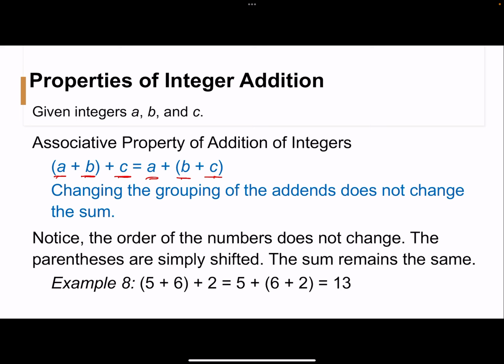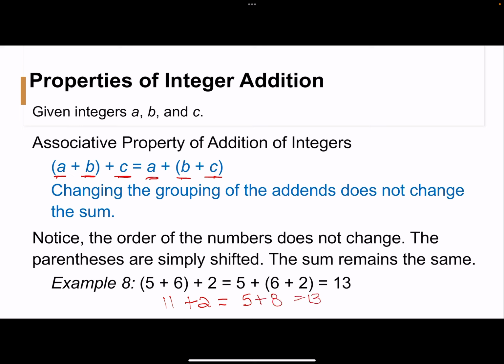If I was trying to rewrite that with the associative property of the addition of integers, I would write the numbers in the same order, 5 plus 6 plus 2, and I would simply shift the parentheses. We see that 11 plus 2 gives me 13, just like 5 plus 8 gives me 13.